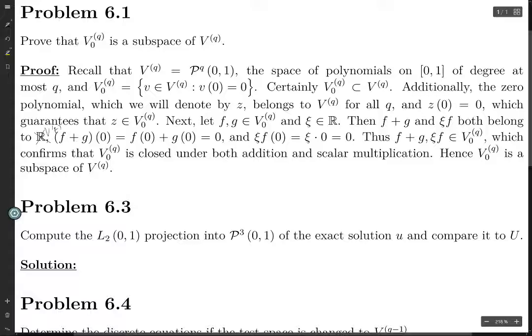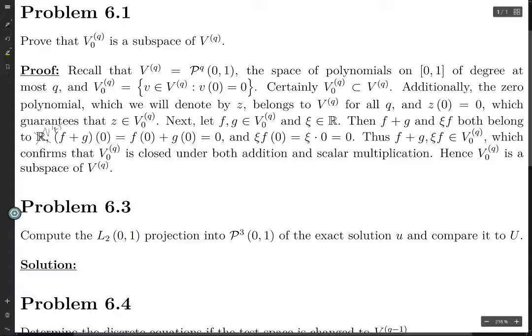Because if you add polynomials together, you get a polynomial, and adding polynomials does not increase the degree at all, so you're fine. Also, if you multiply a polynomial by a scalar, you just multiply that scalar by all the coefficients of each of the terms. So again, you get a polynomial, and again, this doesn't increase the degree at all.